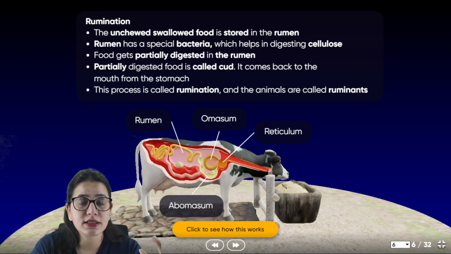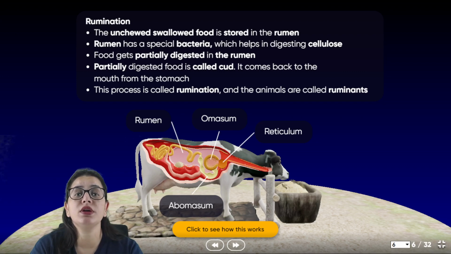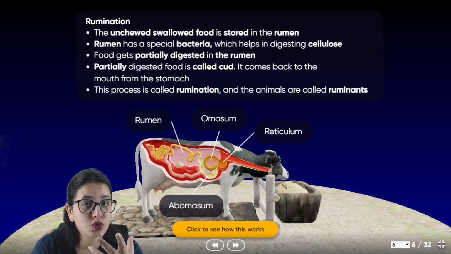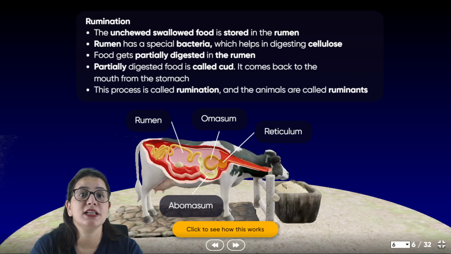Why are we calling it curd? After staying in the rumen for some amount of time, it is going to come back to the mouth and the cow or the herbivore is going to chew it again. That is what I was saying, that they have a different kind of digestive system. Like us, we chew and then we swallow. They swallow first.